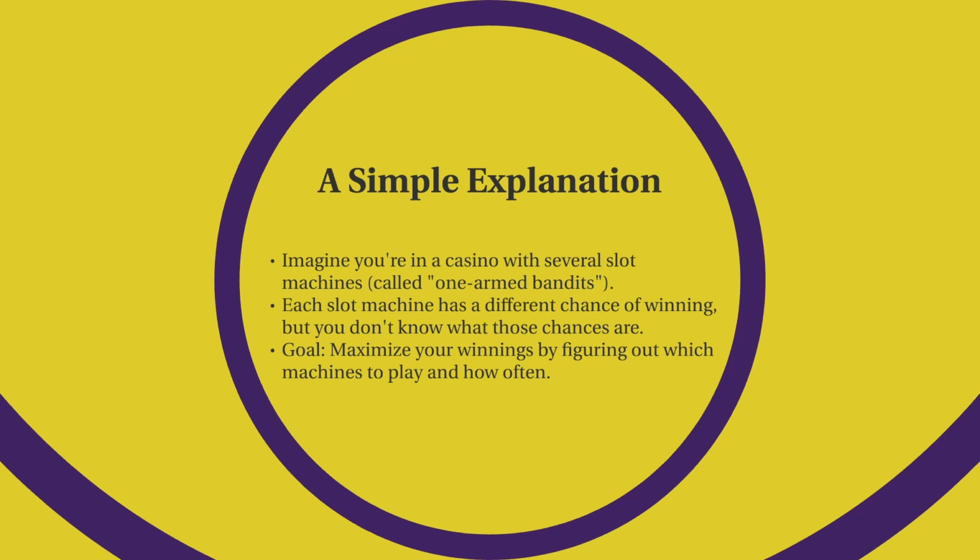There are all of those slot machines, and the slot machines have the arm that you use to start the betting process. So that arm, we call those machines a one-armed bandit. And we know that not all slot machines are the same. Some slot machines give you a better chance of winning. Some other slot machines have a worse chance of winning.